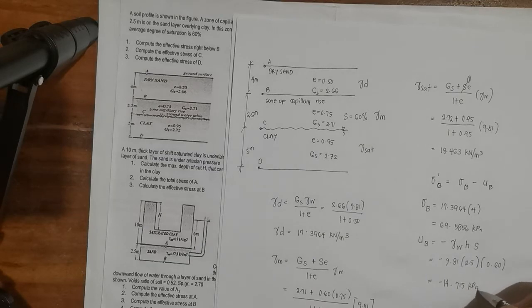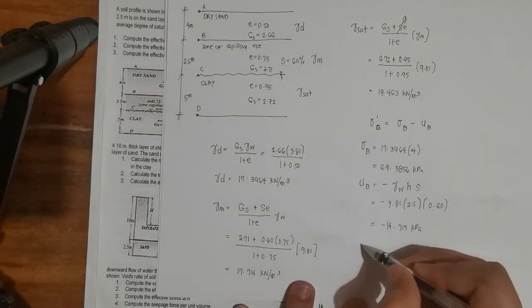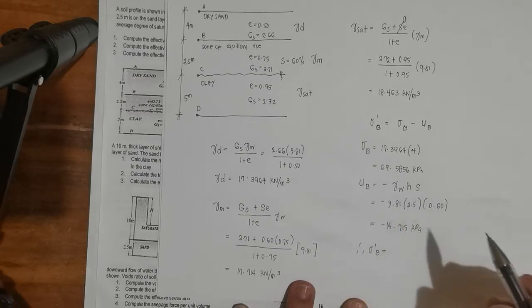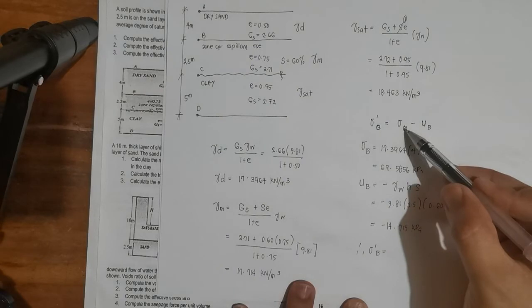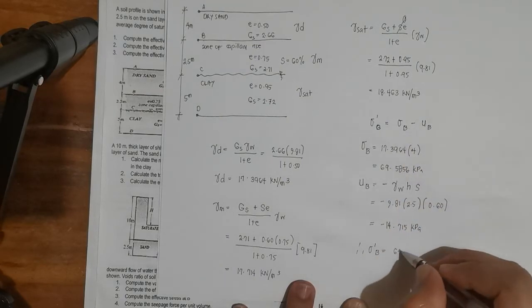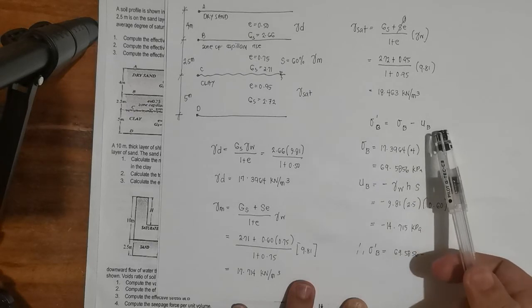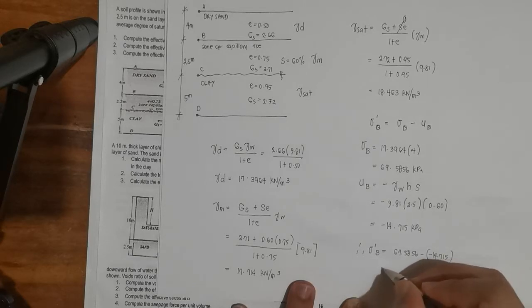So that will be equivalent to negative 14.715 kilopascal. So substituting now to our formula of effective stress, therefore, effective stress at point B or right below point B is equivalent to total stress 69.5856 minus water pressure at point B, negative 14.715 kilopascal.